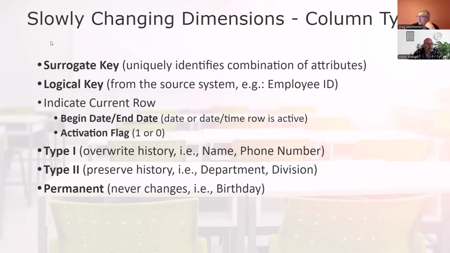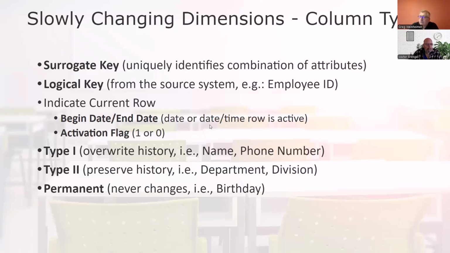There are indicators that are the column type also, which you could have a begin date and an end date, which will basically identify the time in history that that record was valid. And there's also an activation flag, which shows you if a record is currently valid or not.